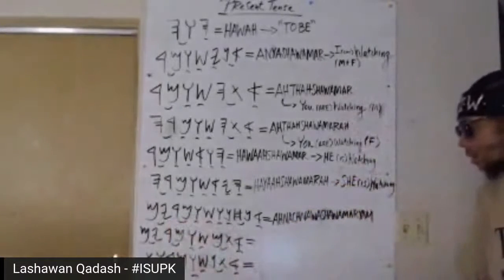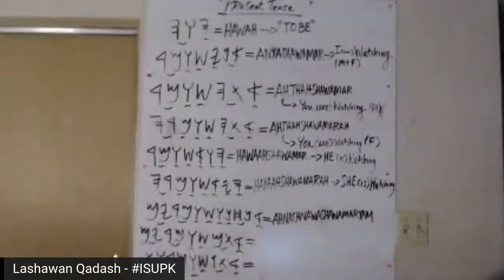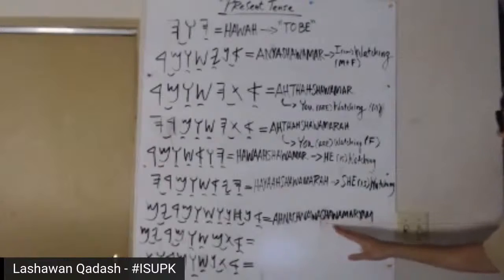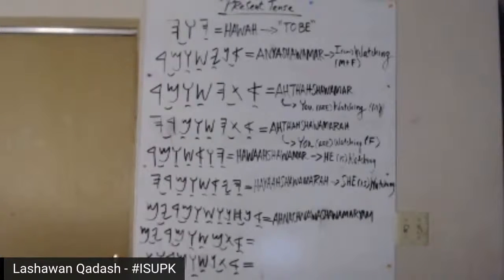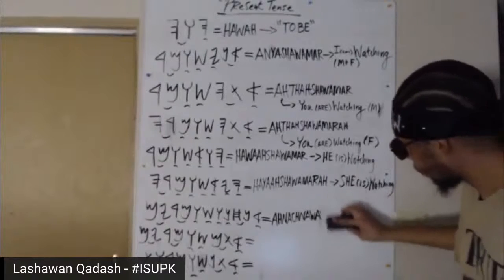It's like that's a long word. Anaknawa Shamariam. So like, damn. Anaknawa Shawamariam. All right. It's a long word. Okay. And better yet, I'll just do this so it's not too confusing.